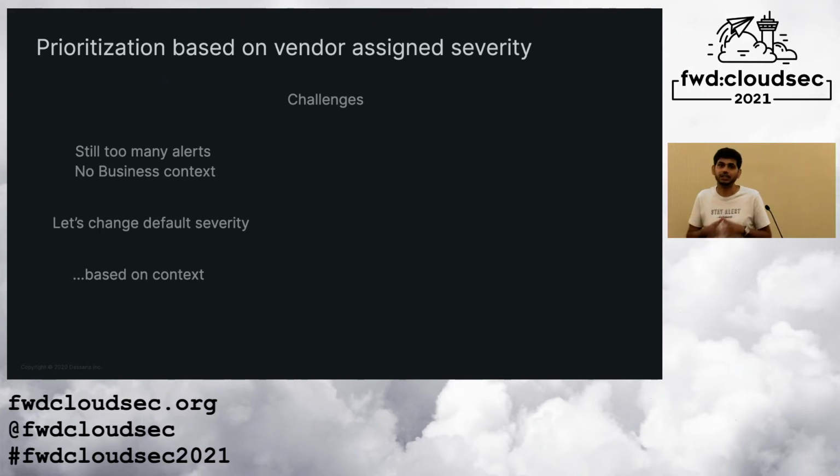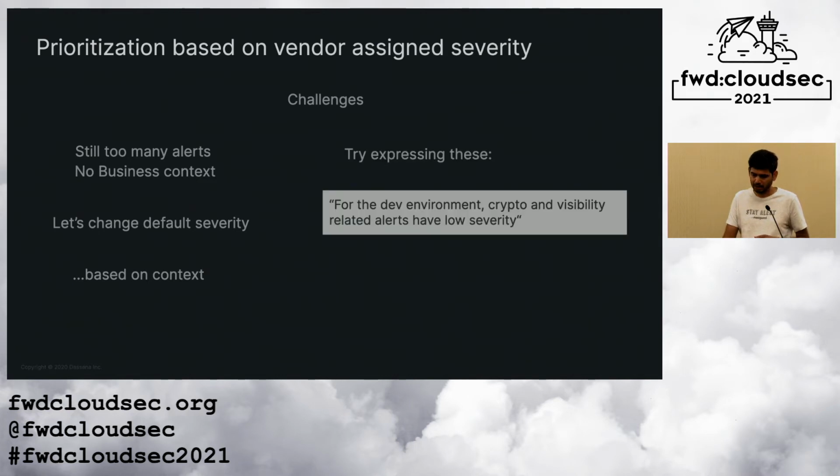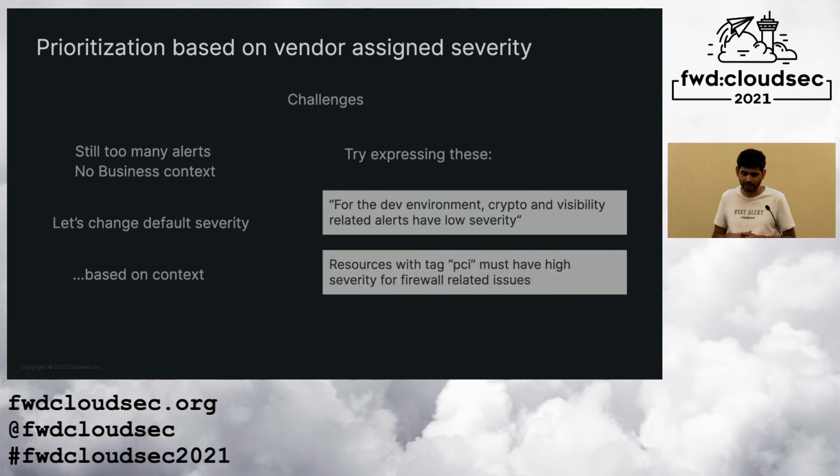But let's just start with the most simple contextual information that you would like to describe. Let's just take an example. Suppose you want to say that for dev environment, crypto and visibility alerts have low severity. Or you want to say that resources with tag PCI must have high severity for firewall related issues.